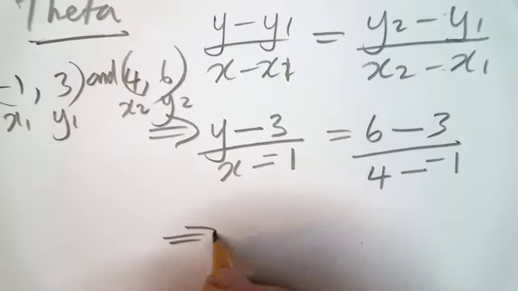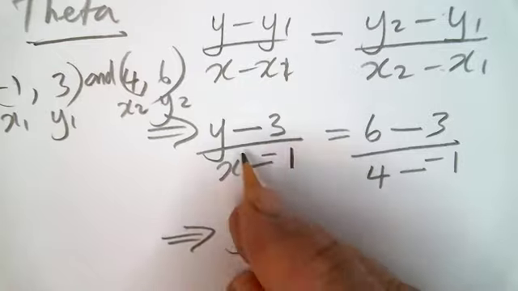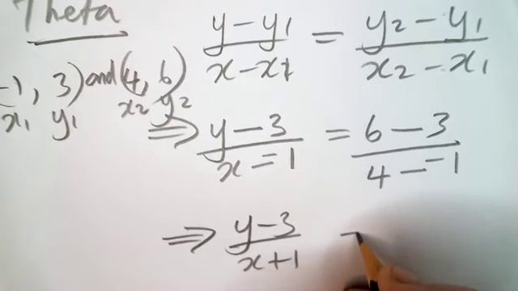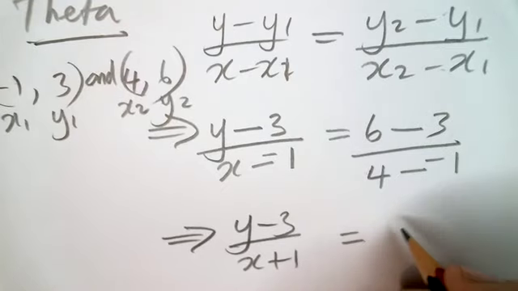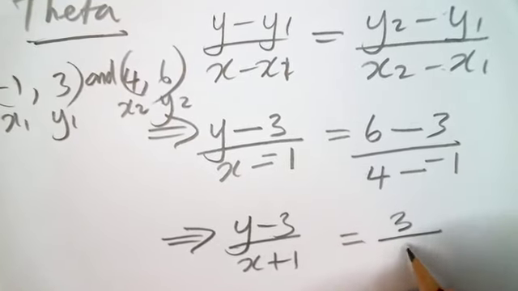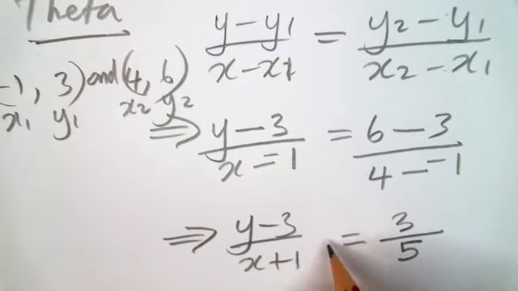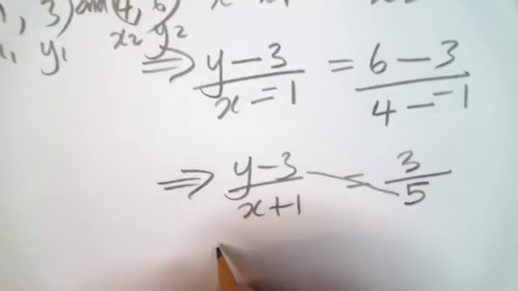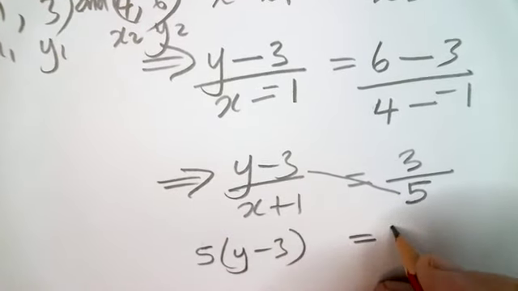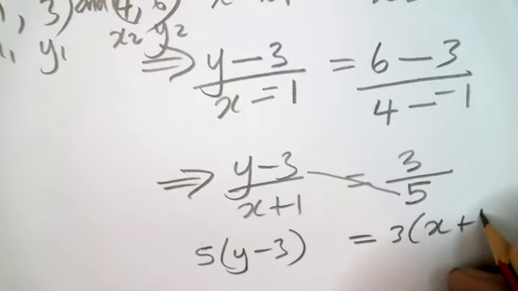So that implies we've got y minus 3 over x plus 1, two negatives make that positive, equals 6 minus 3, which is just 3, over 4 minus -1, which is 4 plus 1, which is 5. Let's cross multiply, so 5 lots of that become 5 times y minus 3 is equal to 3 lots of x plus 1.